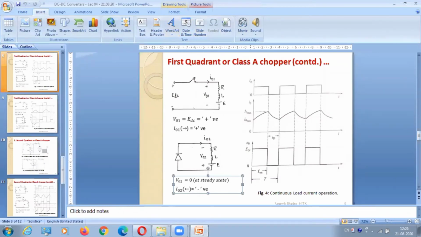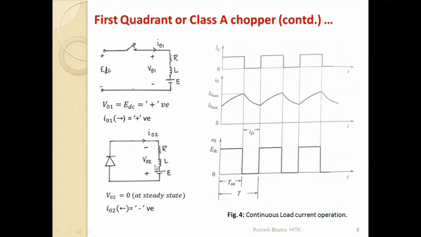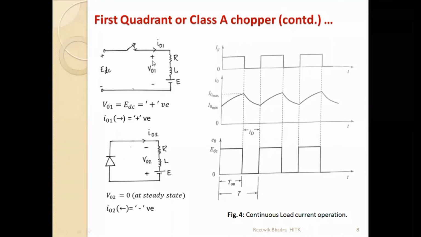Please don't look at this one, it is written wrong over here. I am telling you, the inductor is charging in this direction for I01, and I02 is also in this direction. So in both cases the current is positive. I01 and I02 will have the same direction, and according to standard polarities and direction, it will be positive.